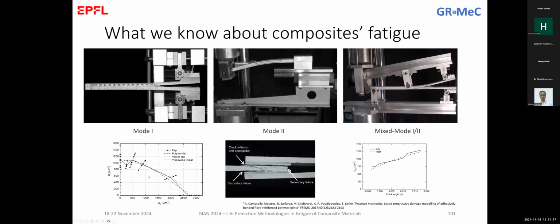So by using this type of methodology for fatigue life prediction, we can actually predict the lifetime of a composite material, in this case the lifetime of a joint, at specific fracture loading.